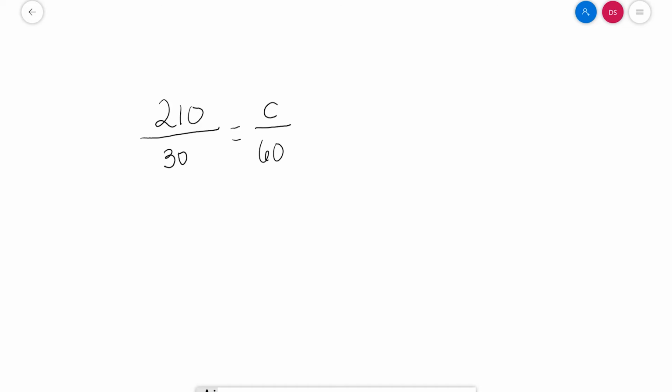And you will see that the definition of a proportion is an equation, which I've written out, that states two ratios are equivalent. And we see that they will be equivalent because of the equal sign in the middle. So I'm going to go through the methods that the book shows you to solve this, all right?